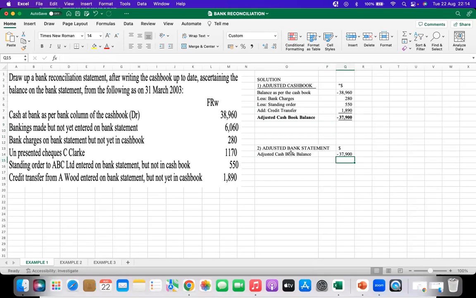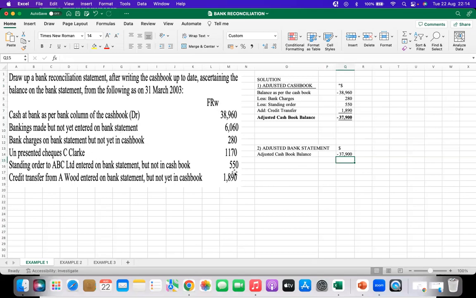And now we make adjustments to the bank statement. You look for any unpresented checks, and you also look for any uncredited checks. So let's look for banking made but not yet entered into the bank statement. You took the check to the bank, but the bank has not yet reflected it in the bank statement.